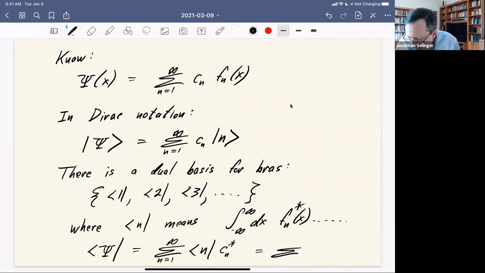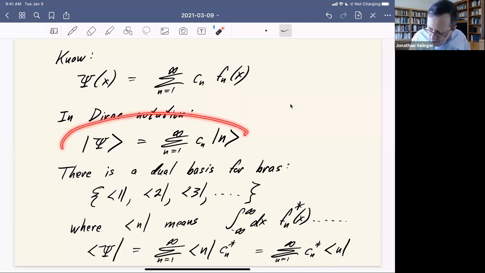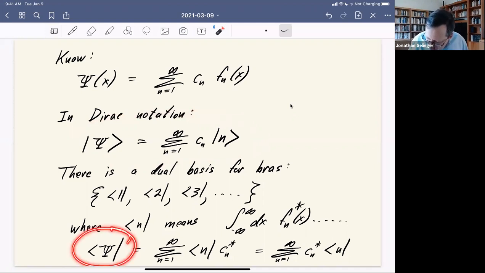That coefficient is a number, so it could go either before or after the bra. Any ket is a sum of the basis kets. Any bra is a sum of the basis bras, like that.